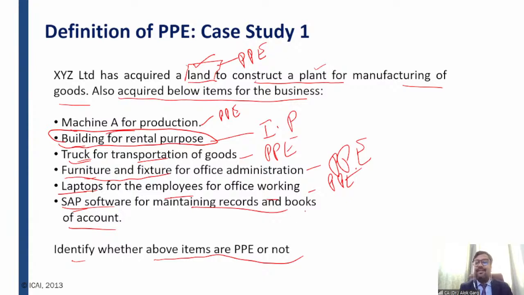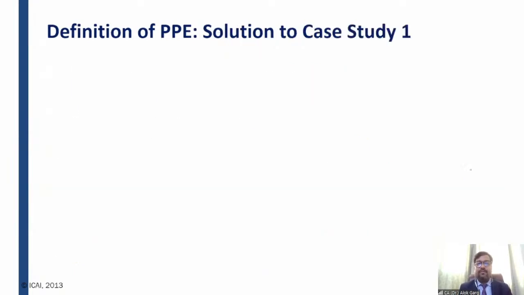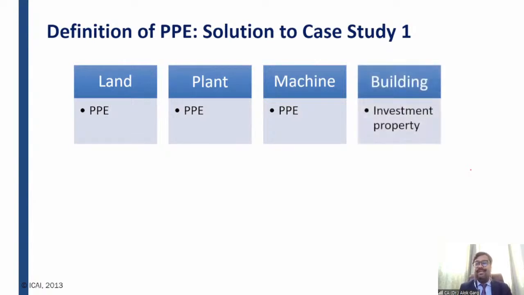SAP software for maintaining records and books of accounts. Software is not a tangible asset. It is an intangible asset. It is not PPE. It is IA, intangible asset. Okay. So we have understood what is PPE and what is not PPE. Land is a PPE. Plant is a PPE. Machine is a PPE. Building is an investment property, it is not PPE.